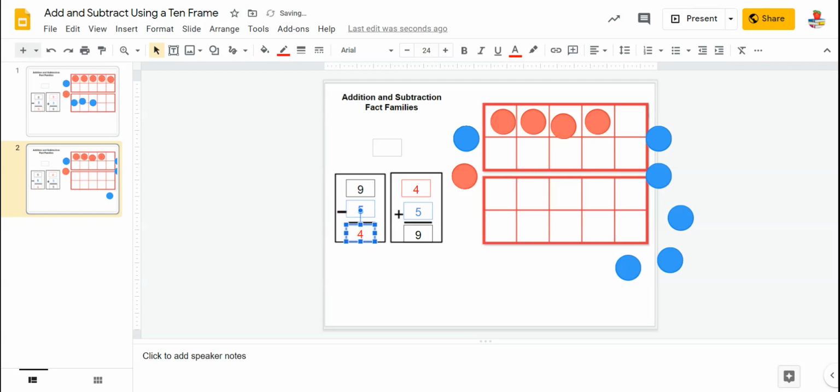It's the same thing, except I'm just switching out the counters, but I still have the same amount of counters. I'm just moving them around, and that's what a fact family is. When you use the same numbers and you just move them around, change them to add or subtract, you're going to have the same amount. All right, now you give it a try with the next problems on your 10 frames and see if you can figure those out.